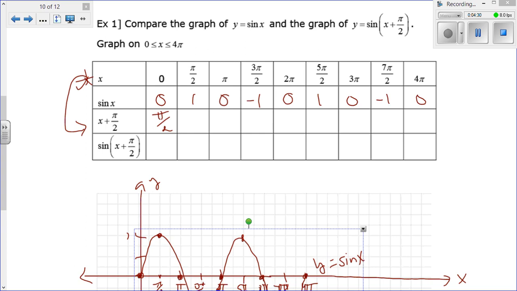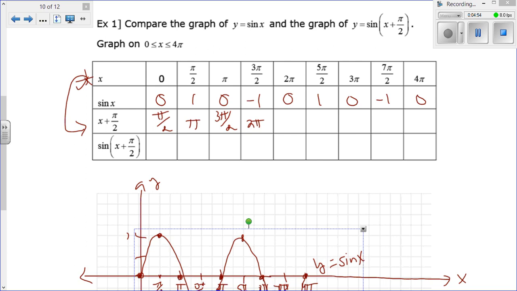I take pi over 2 and add pi over 2 to it. So if I take 90 and add 90 to it, I get 180, which is pi. Then I take 180 and add 90 to it, I get 270, which is 3 pi over 2. And I take 3 pi over 2, which is 270, and add 90 to it again, I get 360, which is 2 pi.